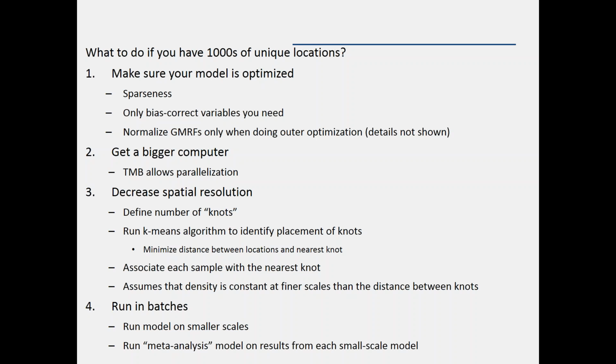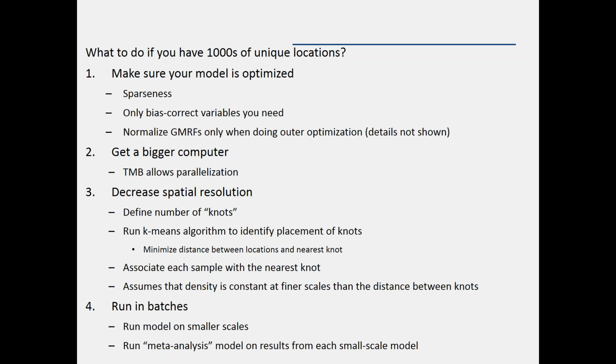And when you're doing the inner optimizer, it saves time by only doing half of the evaluation of the GMRF probability. So you can get some good speed ups using these Gaussian Markov random field models, using this new feature that I'm not really going to go into details about, but if people want to talk about it more, we can.